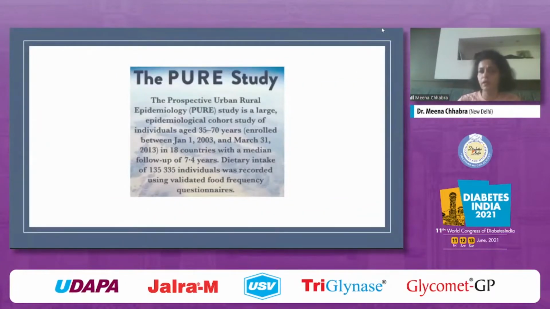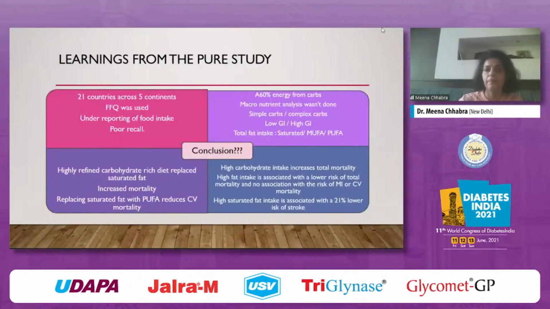Now, this is the PURE study. It took the whole world by storm, the Prospective Urban Rural Epidemiological study. This study was conducted in 21 countries across 5 continents, and a questionnaire was used. Underreporting of food intake definitely happens in a questionnaire because it's by recall. Now, what happened? We have always been told to decrease saturated fat, but we have not instructed our patients to decrease saturated fat and replace it with what?